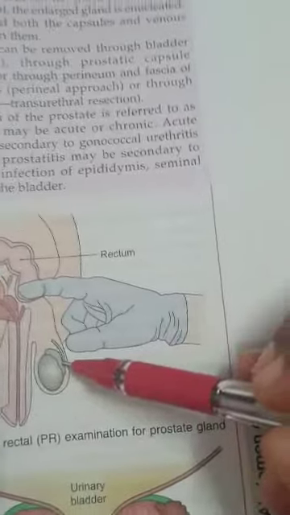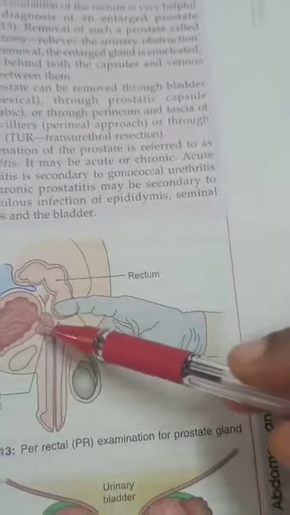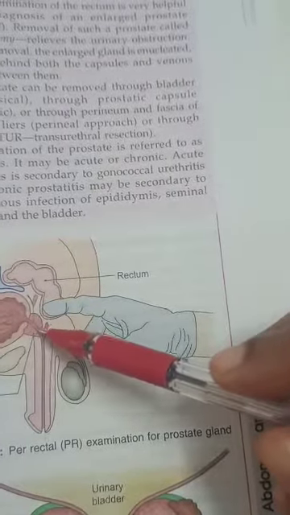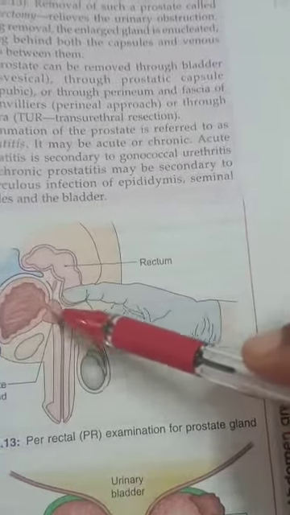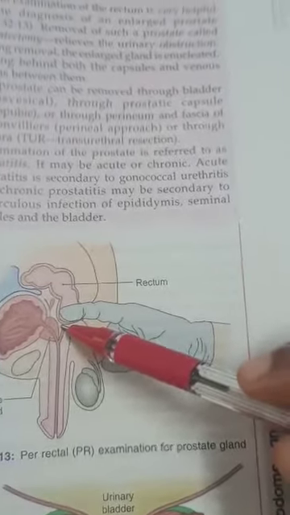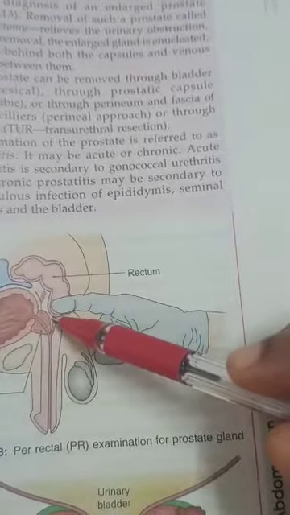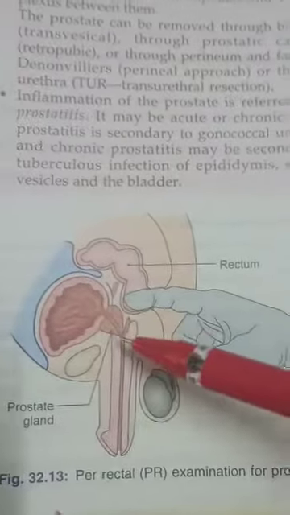By digital examination through the rectum, we can feel the posterior aspect of the prostate gland. If there is any enlargement of the prostate gland, it can be removed. That process is known as prostatectomy.